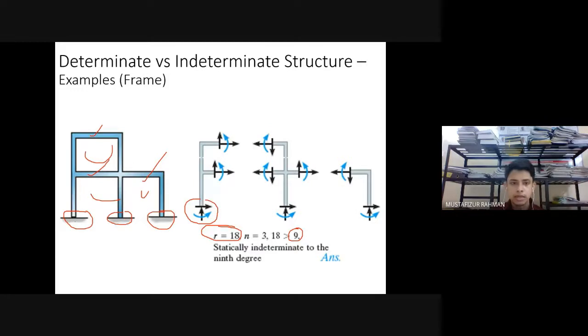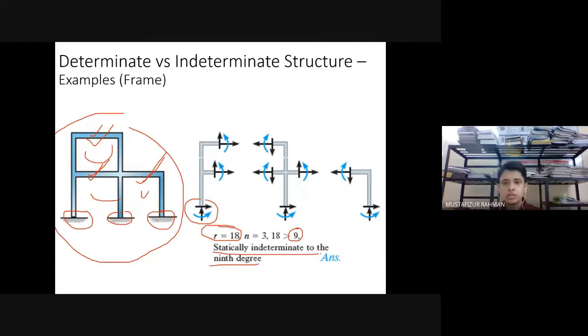So 9, 3, 3, 3, 9. Here it is 12, here it is 15, and here it is 18. So 18 unknown forces or reactions are there in this frame, and we can write 9 equations of static equilibrium. So 18 minus 9, it is statically indeterminate to the 9th degree, or simply 9. This is how it goes.